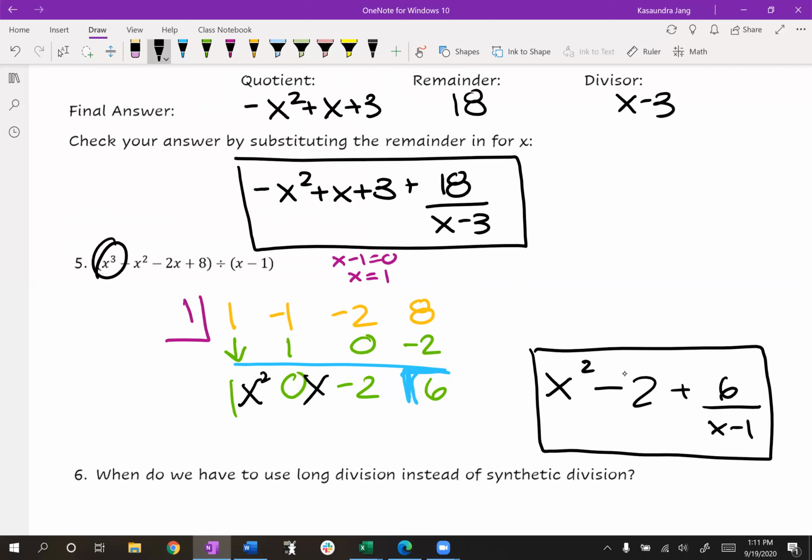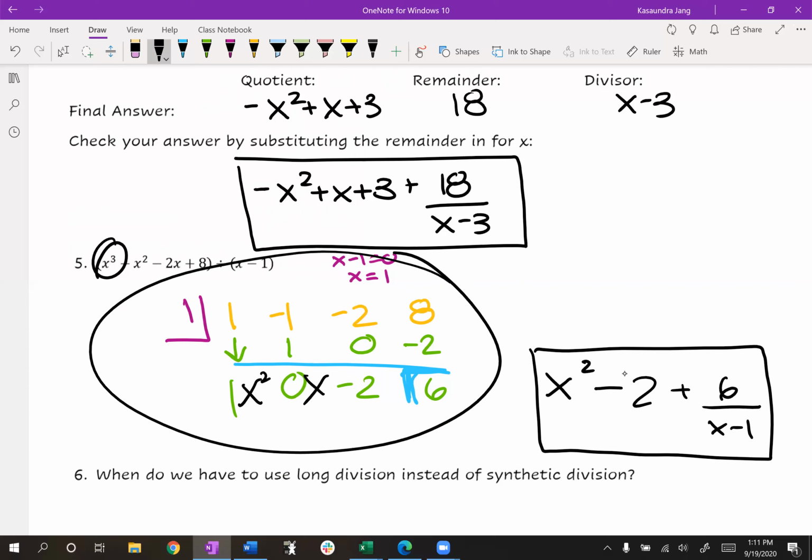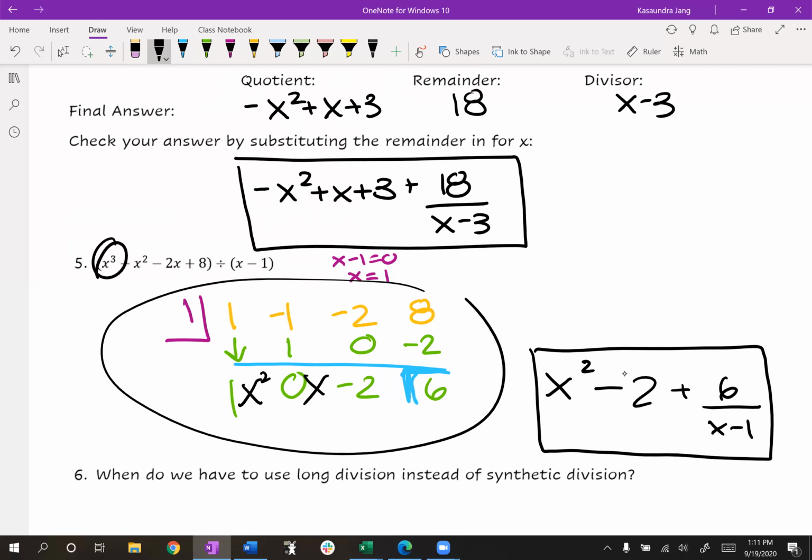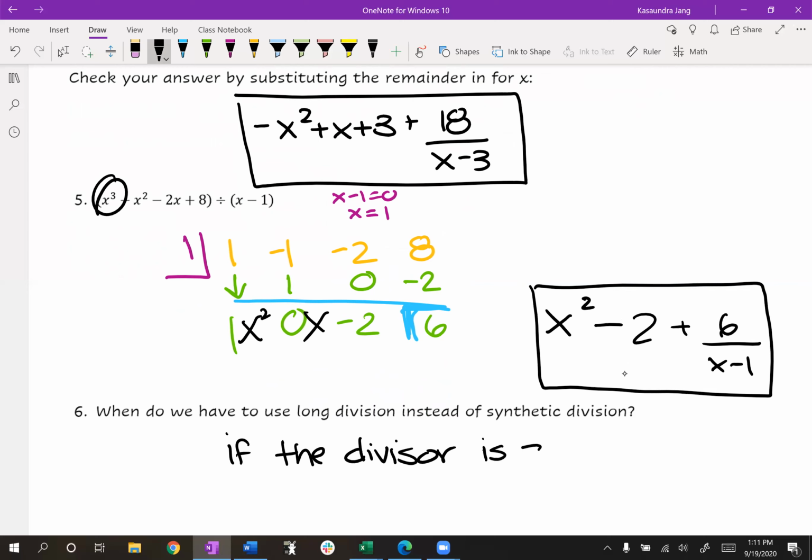So when do I have to use long division instead of synthetic division? Obviously this seemed a lot quicker than the long division we did before, so I would pretty much choose this every time I could, but there are times when I have to do long division. We have to do long division if the divisor, what I'm dividing by, is degree 2 or higher.